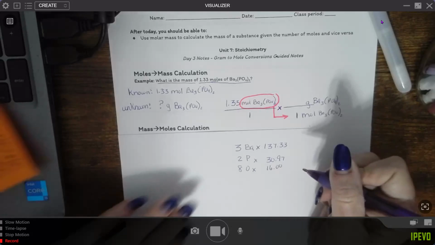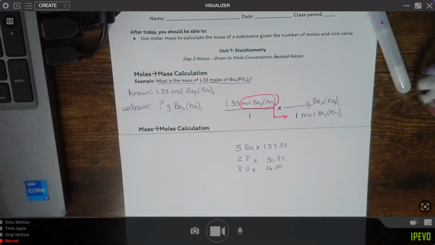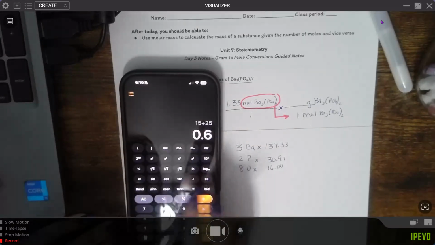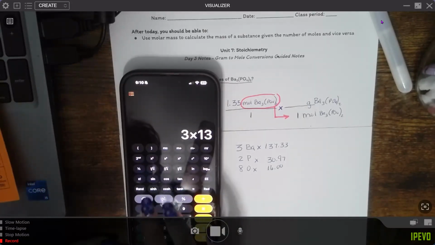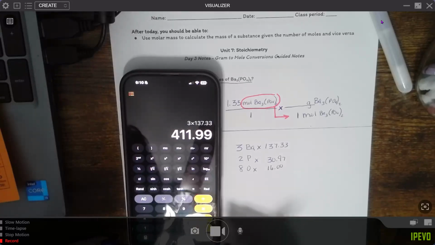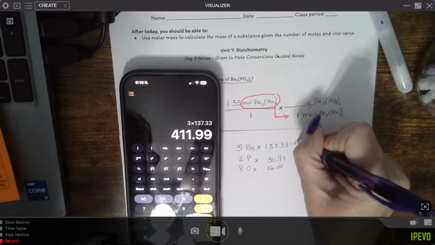Let's do that math. I'm going to use my phone as my calculator. 3 times 137.33 is 411.99.